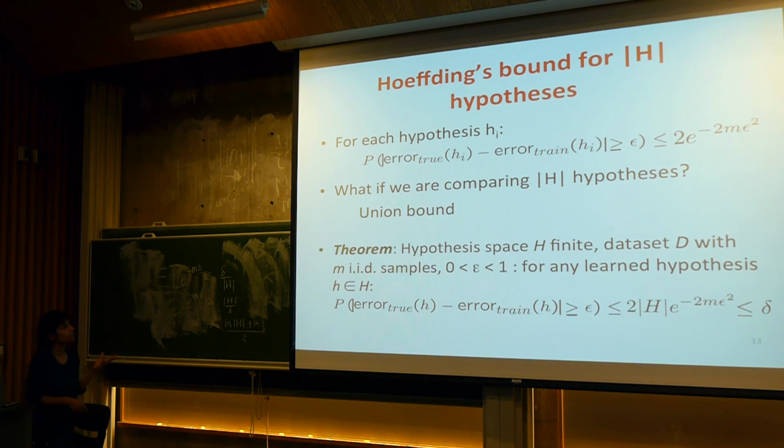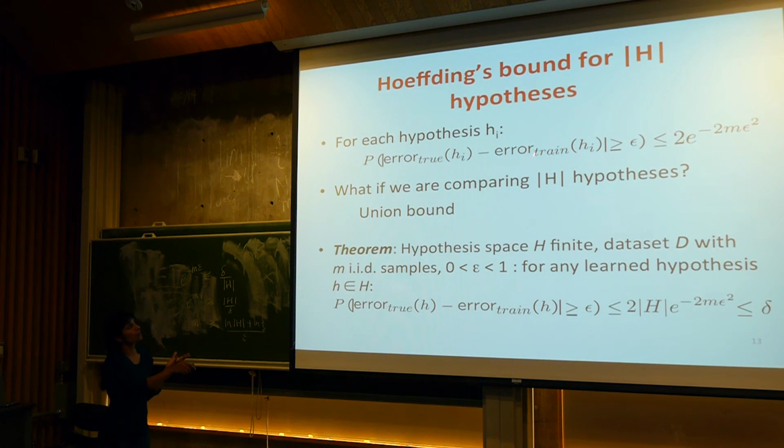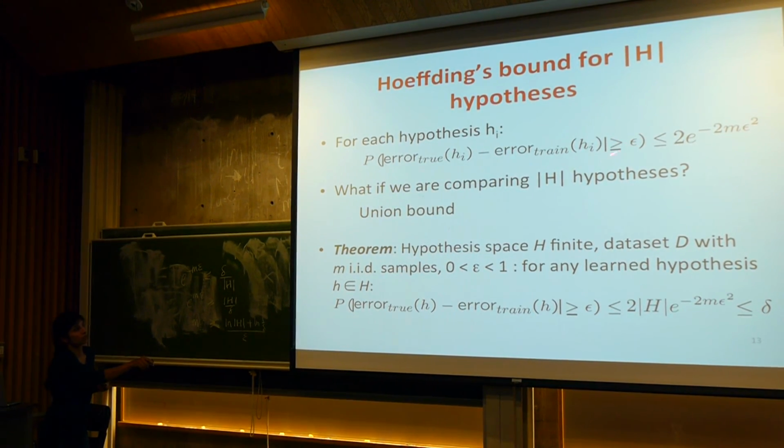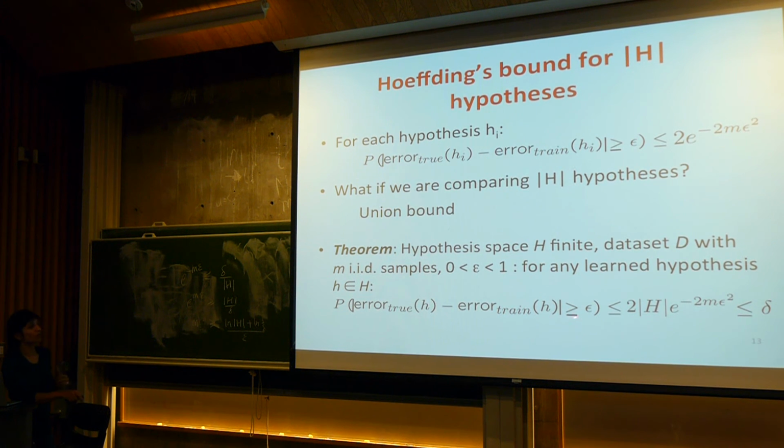Now we can say that the probability that the true error and the training error differ by more than epsilon for any of the |H| hypotheses can be bounded by including the size of the hypothesis class in the bound, just as we did earlier. So you end up with 2|H| e to the minus 2m epsilon squared.